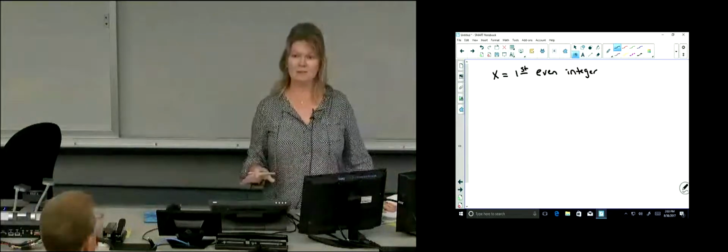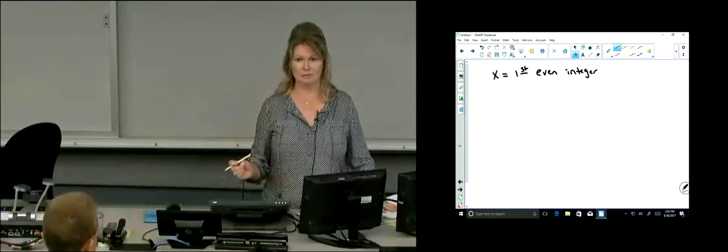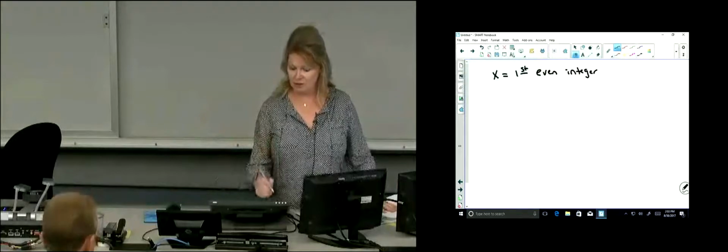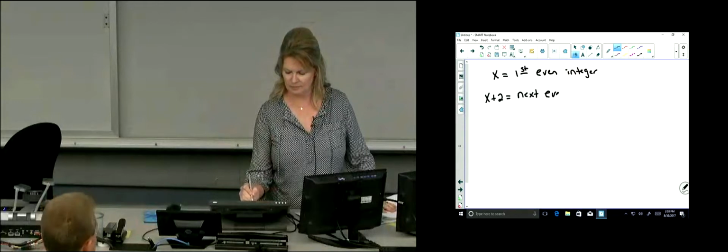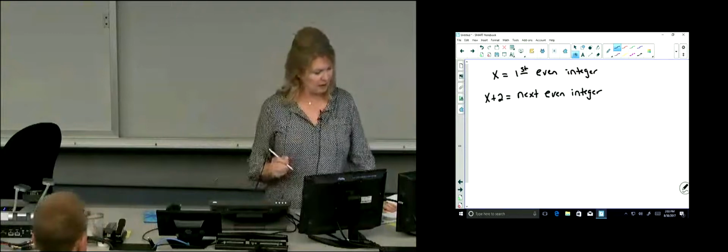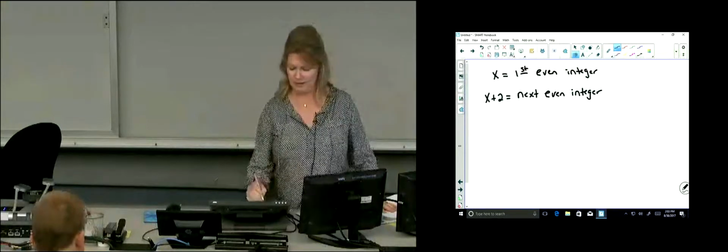So if x is my first even integer, how do I get to the next even integer? Add 2. All right, I want 2 consecutive even integers whose product is 168.